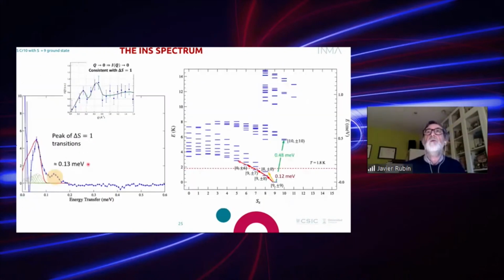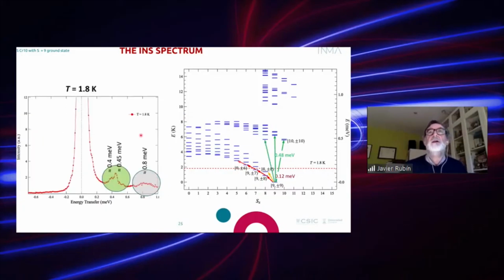And now we can go to this one, which is a change in delta S. That means it goes from total spin 9 to total spin 8, and not total spin 10 as suggested by EPR. Here we have more peaks, but these peaks are also observed in the calculations with the set of parameters obtained from the susceptibility and magnetization.